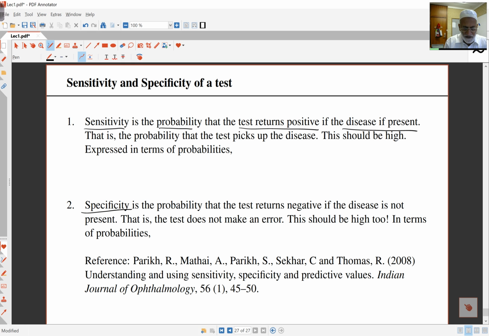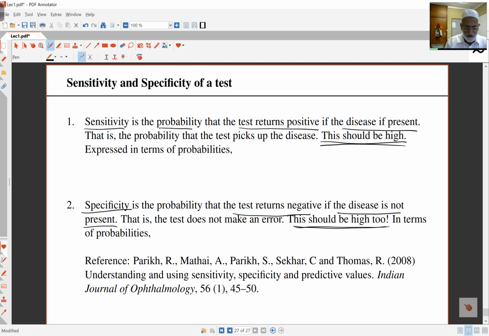So this is the test returns a negative if the disease is not present. In other words, if there's no disease present, it doesn't pick something up. Both of these are important and should be high. In the first one, I want to make sure that if the disease is present, I pick it up. Also, if the disease is not present, this should be high too.